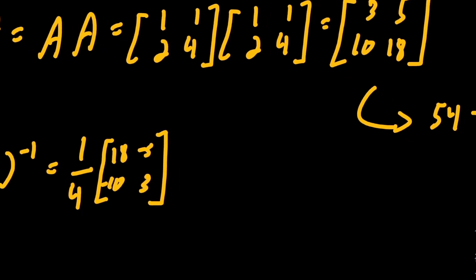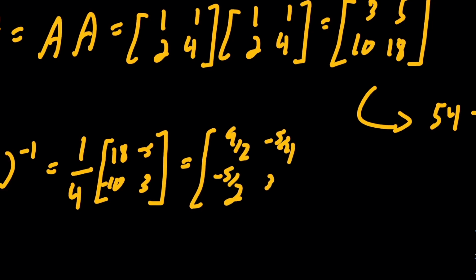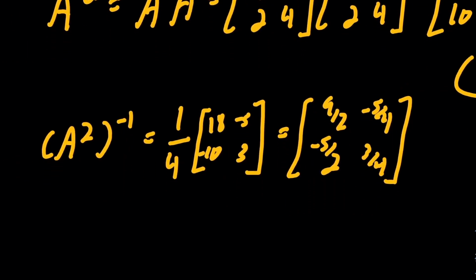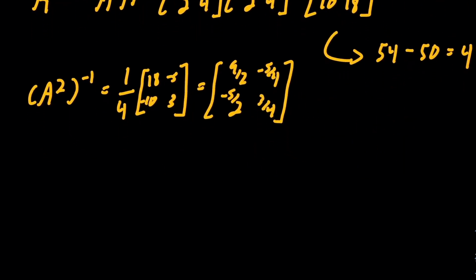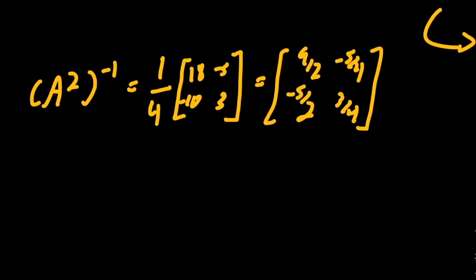And we just distribute the scalar, and it becomes 9 halves in the first column, negative 5 halves, and then the second column is negative 5 fourths and 3 fourths. And there you have it. That's one way to find A to the negative second power, or the inverse of the square of a matrix.